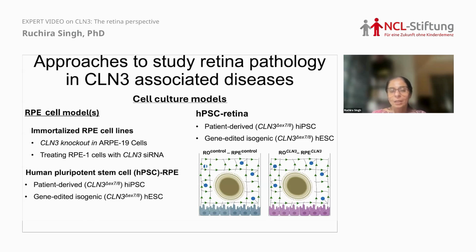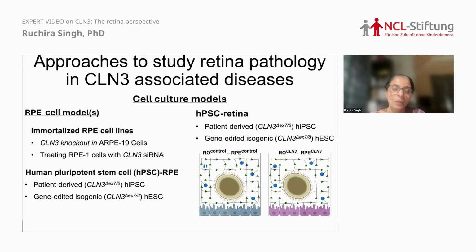Because important disease processes that are affected in CLN3 disease, like phagocytosis of outer segments, are difficult to replicate in immortalized RPE cell lines. Although they have truly helped us understand the differences between normal versus CLN3 mutation carrying cells in terms of specific cellular processes.